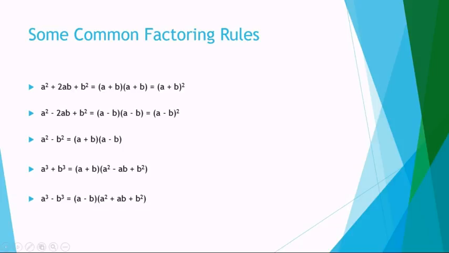So A could be 1, B could be 2. So this would be 1 plus 4 plus 2 squared, so another 4. If you were to factor that, or if you were to do x squared plus 2xy plus y squared, you would be able to factor it to x plus y squared.